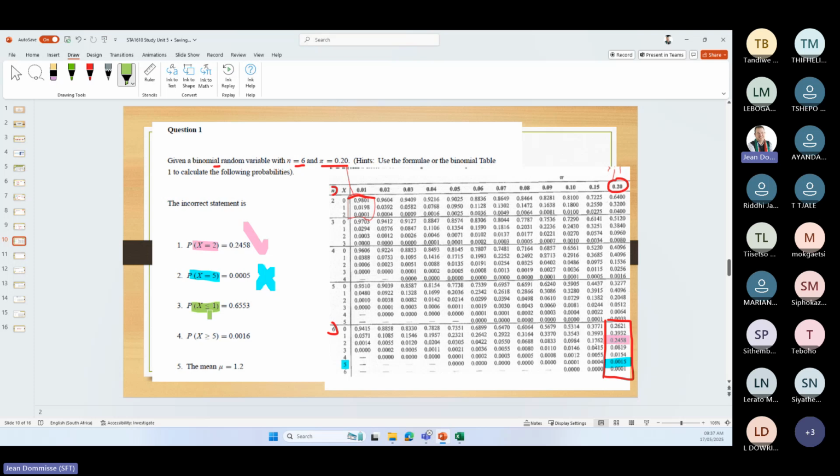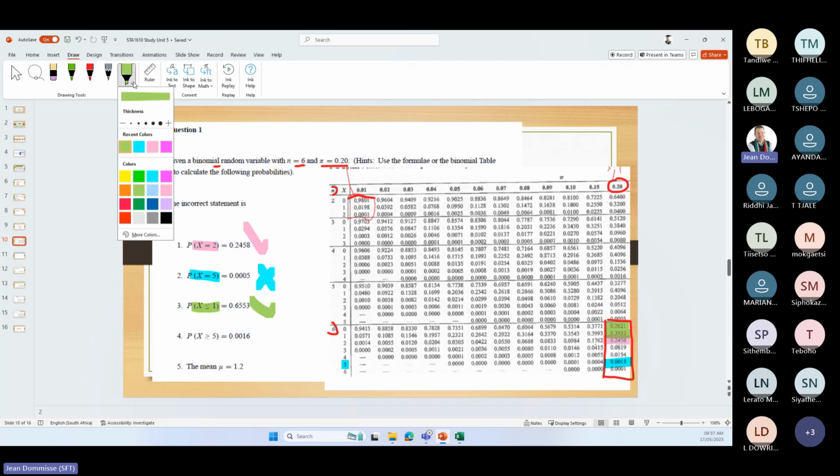Small or equal to 1. So small or equal to 1 is 0 and 1. So if we add those two together, it's 0.2621 and 0.3932, so that is correct.